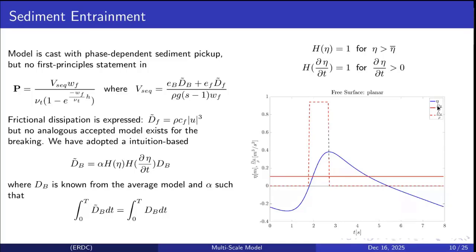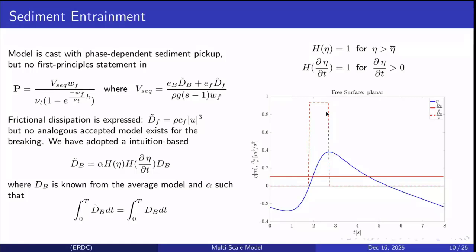So the dissipation due to breaking from our phase-averaged world is shown here as about a 0.1. If we redistribute that throughout the phase such that it happens for all values where eta is greater than eta bar and d eta dt is greater than 0, then you end up with a time-dependent value for the dissipation due to breaking that's shown as a dashed red line.